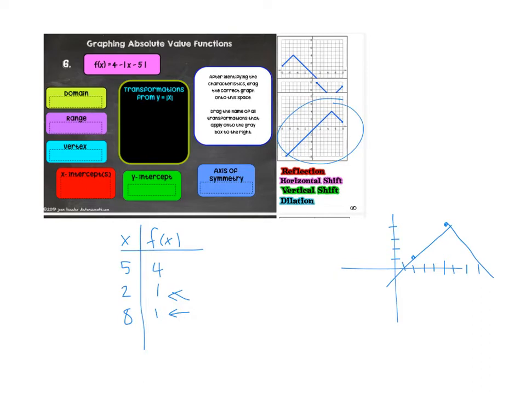Okay, so now let's answer some questions. The axis of symmetry is going to be x equals 5. Y-intercept is going to be 0, negative 1. X-intercept is going to be 1, 0.